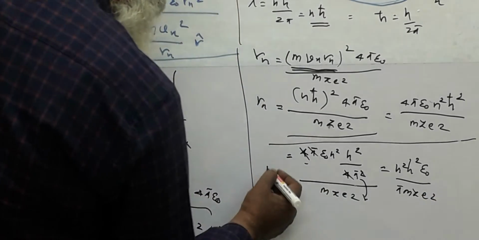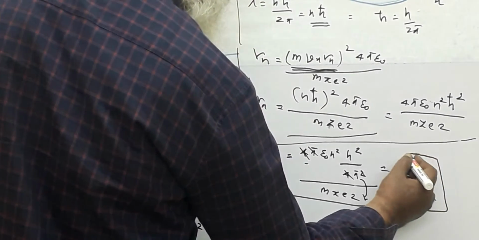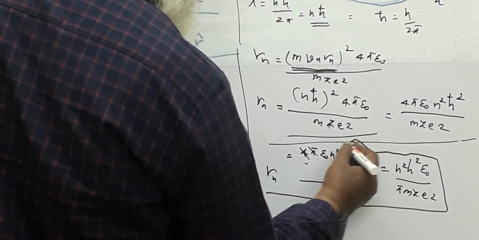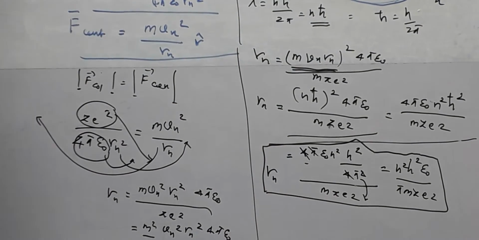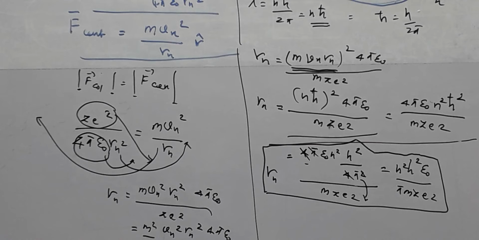This is the final equation for the radius of an electron in an atom.